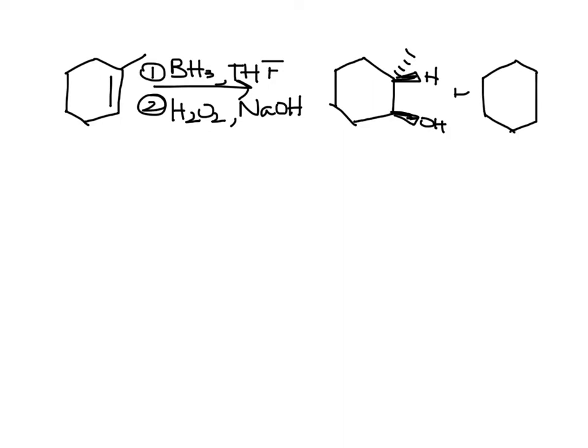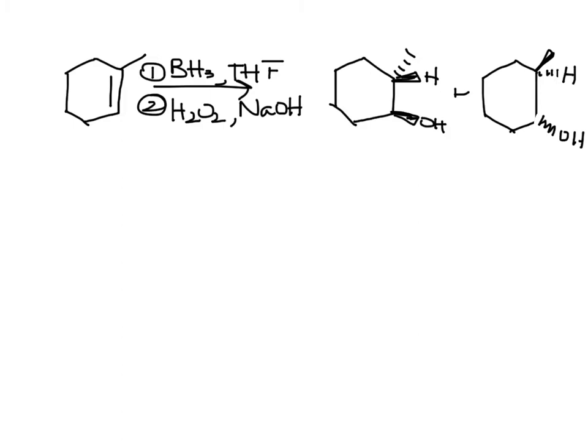As you see here, I get a racemic mixture of products. But what you should also note is that the OH and the H are on the same side of the ring.